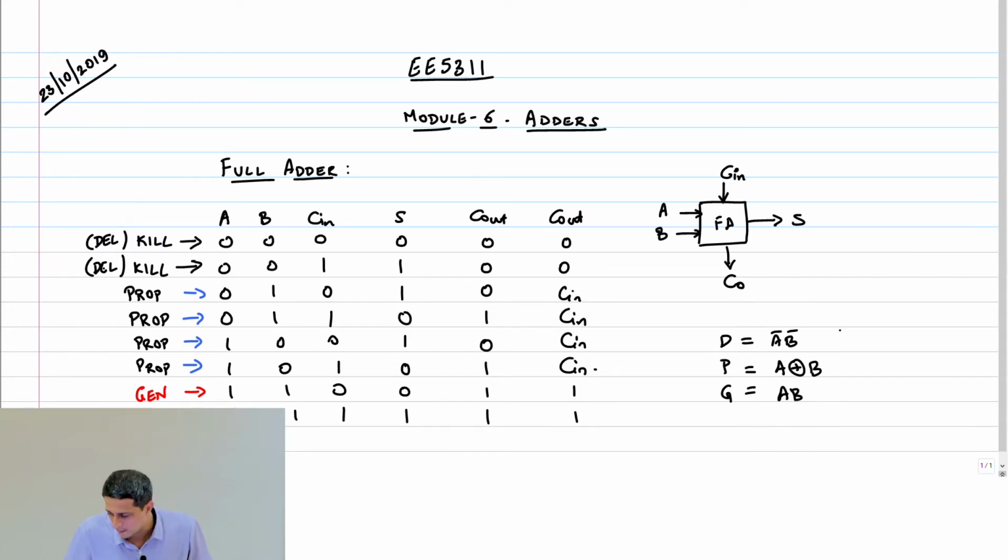Key thing to note is none of these signals are functions of C in. Okay, so we'll see why we are even looking at that case. Why are A and B being treated differently from carry in? For that, we have to look at what we want to do in practice.